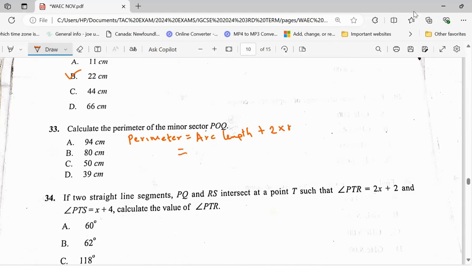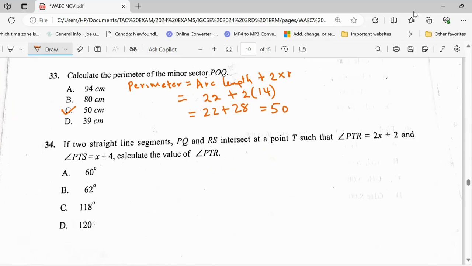The arc length is what we found to be 22. So we multiply the radius, which is 14, by 2. We have 22 plus 28, and that gives us 50. And that is option C.